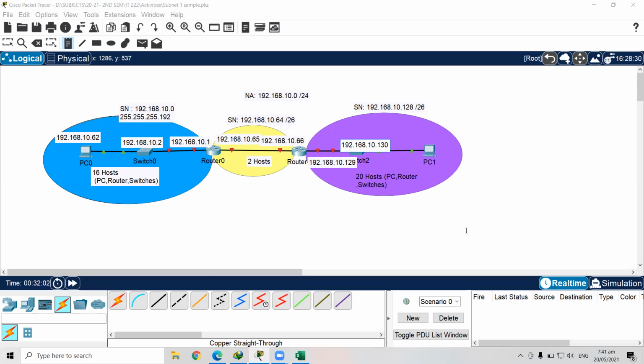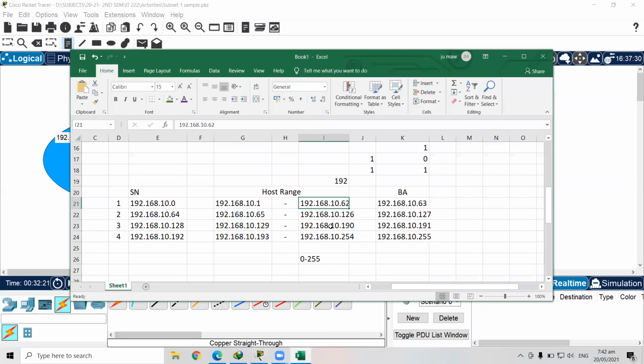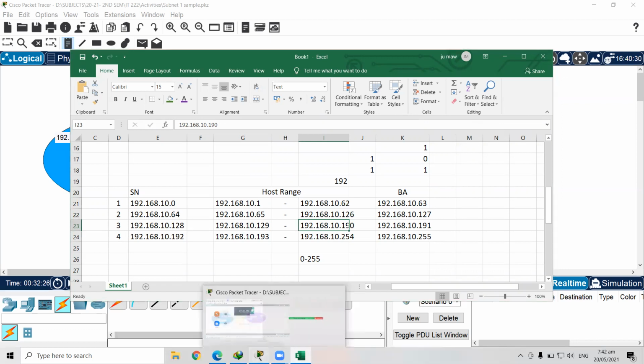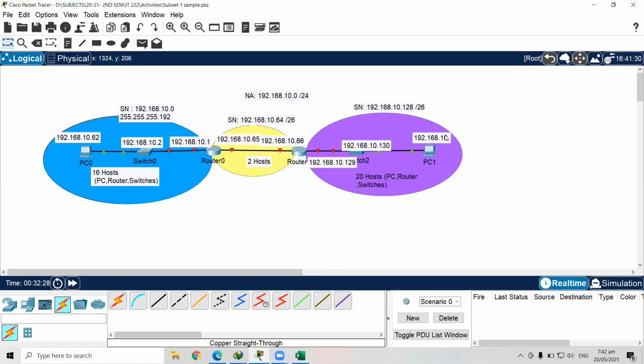Next will be, yung PC mo, 192.168.10. So, yung pinaka-last nito is 190. Ayan.